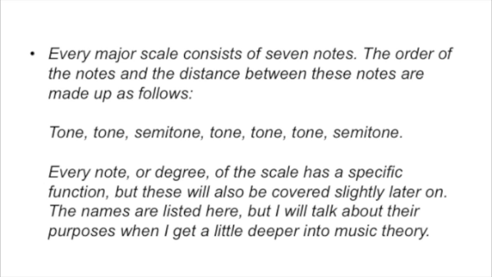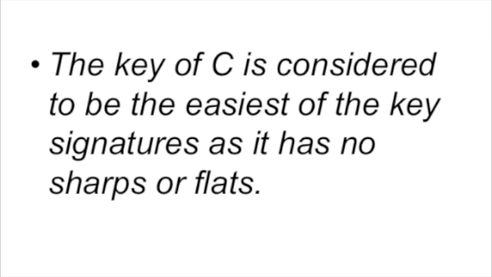I'm going to be listing the names of the degrees of the scale here, but in terms of their purposes and their functions in music, I'm going to be talking a little bit more about that once I get more into music theory and talking about chords and other scales and arpeggios, etc., and how to get from one chord to another. But at the moment, as well as the structure of the scale, I'd like to talk about the names and what the major scale sounds like.